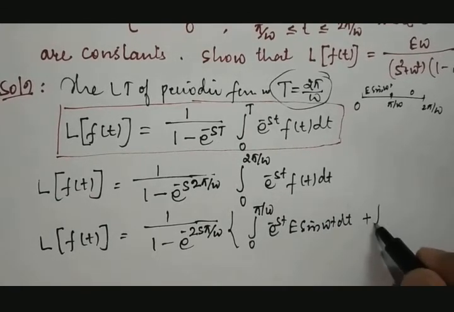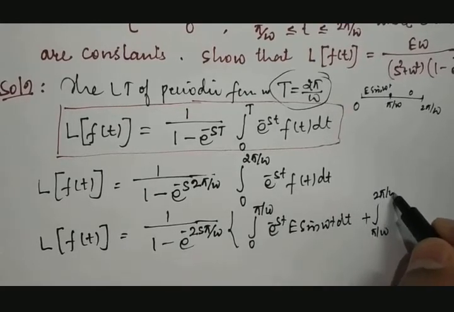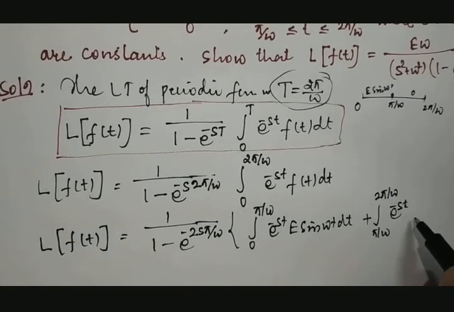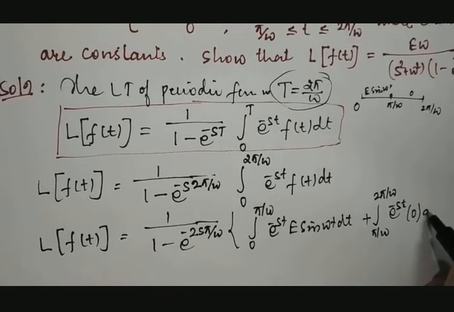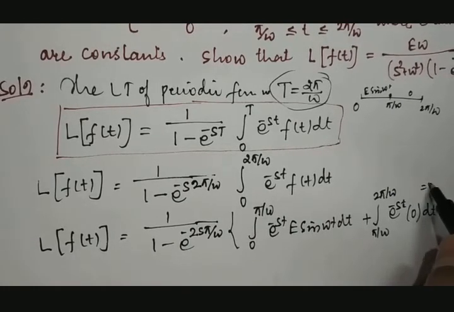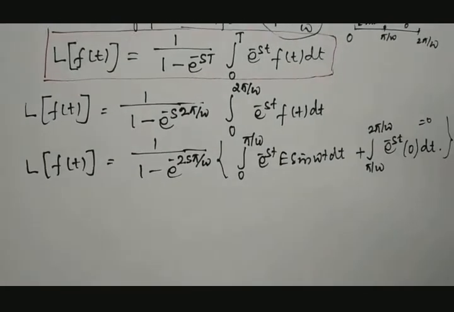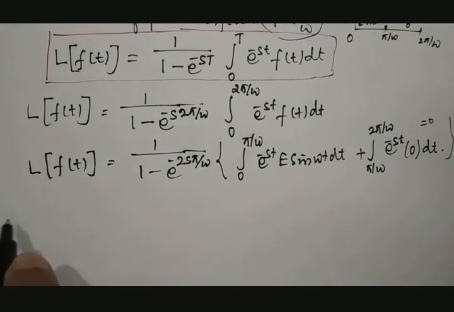Plus the second part, between pi by omega to 2 pi by omega, where e raised to minus st into f of t, and the function is 0, with respect to t. This second term becomes 0, so it will not be considered for the calculation.